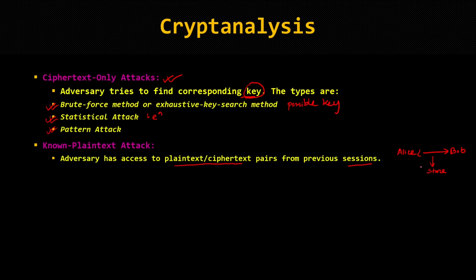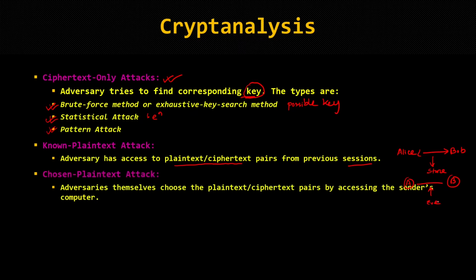Then, when Alice tries to communicate again, the adversary, say Eve, will try to match the previous scenario's plaintext and ciphertext that Alice and Bob communicated. Launching an attack in this manner is known as the known plaintext attack.